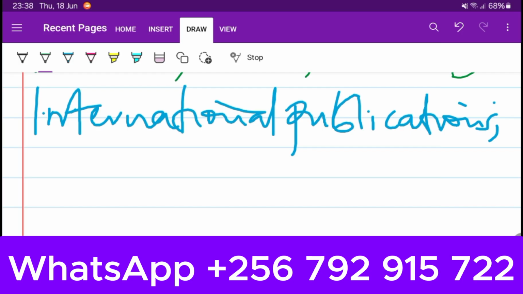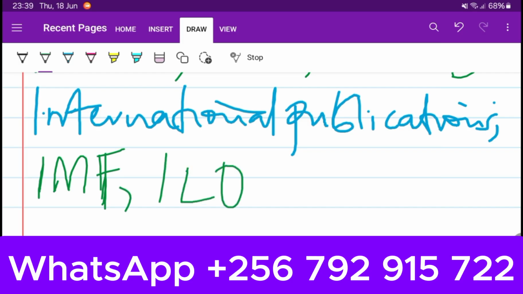So some of these can include agencies like IMF, International Monetary Fund. We can also have ILO, International Labor Organization.